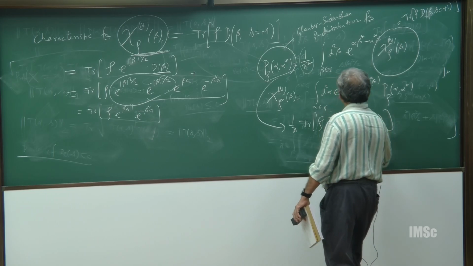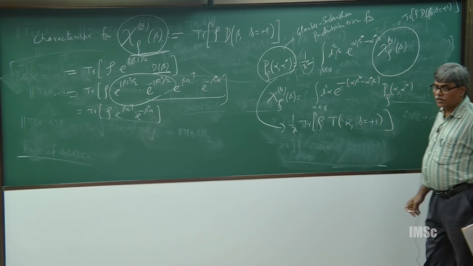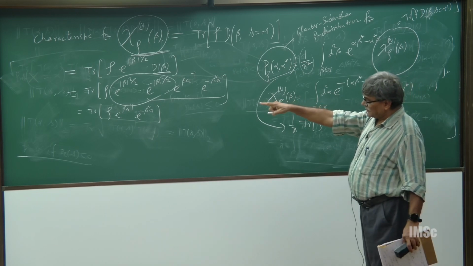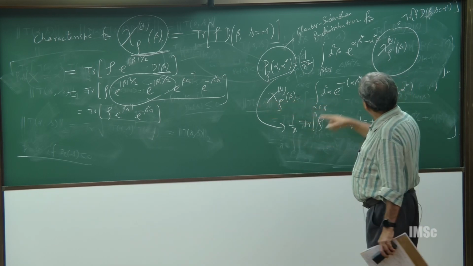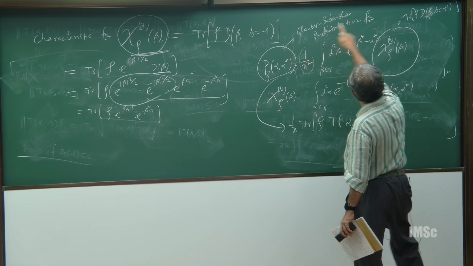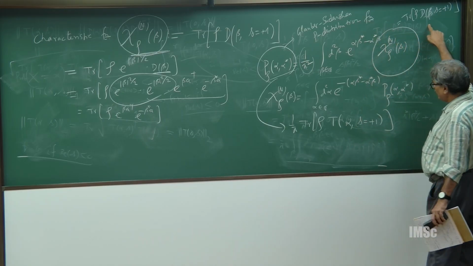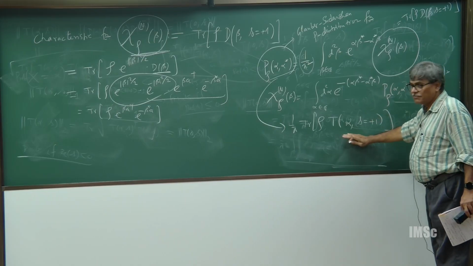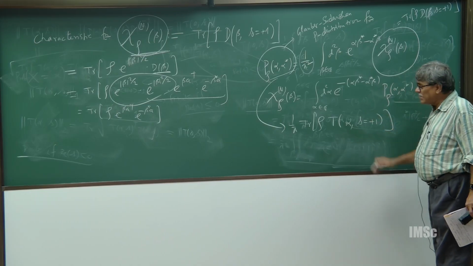Is that a correct statement? Look at this definition of T alpha s. So, if I introduce this chi here like this and then take this integral inside the trace, this is what you will have. So, what does it mean?